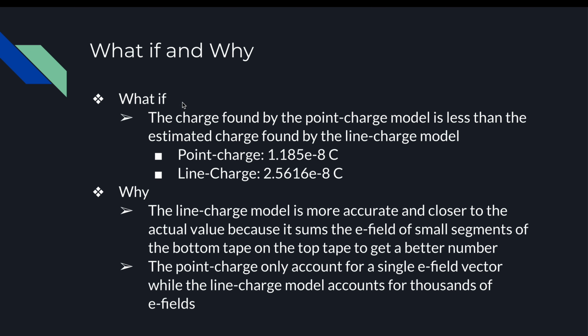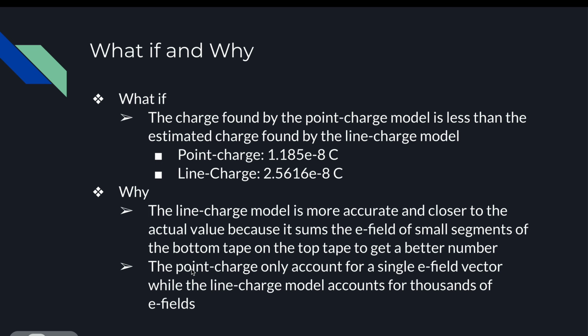Alright, what if? The charge found by the point charge model is less than the estimated charge found by the linear charge model. We can see that the point charge model has almost half as much charge as the line charge model. So why is this happening? The line charge model is more accurate because it sums the electric field caused by the small chunks of the bottom tape on a specific observation location on the top tape, and this results in a better and more accurate number.